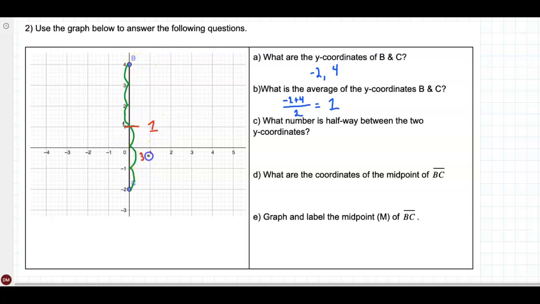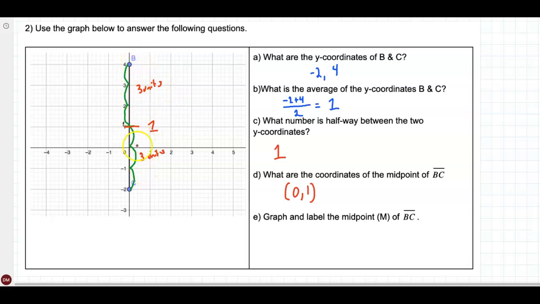So this is 3 units, and this is 3 units. So we know that's the midpoint, and y is 1. What are the coordinates of the midpoint? That is 0, 1. So really the average of the endpoints' y values is going to give us that midpoint, right?